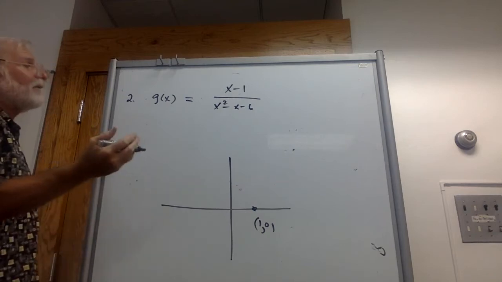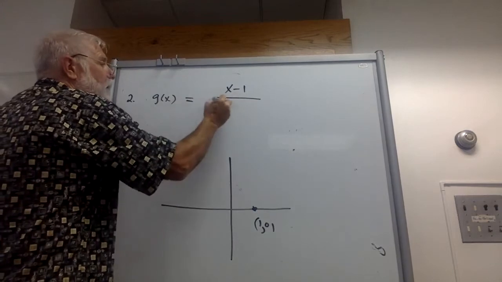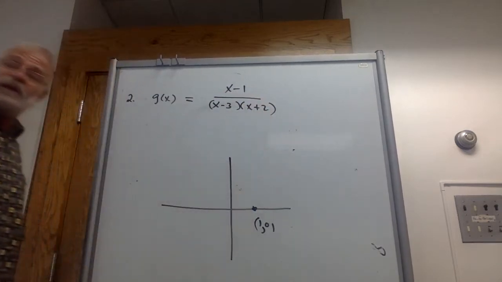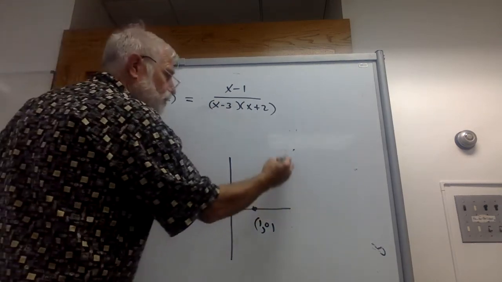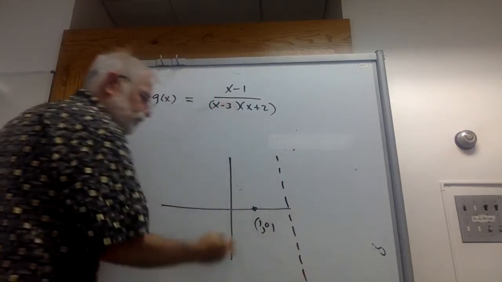Oh, is it okay if I factor that? x minus 3, x plus 2, and I hope I didn't make a mistake, because if I did, everything's wrong. Positive 3, that would be about over here, I guess. Negative 2.